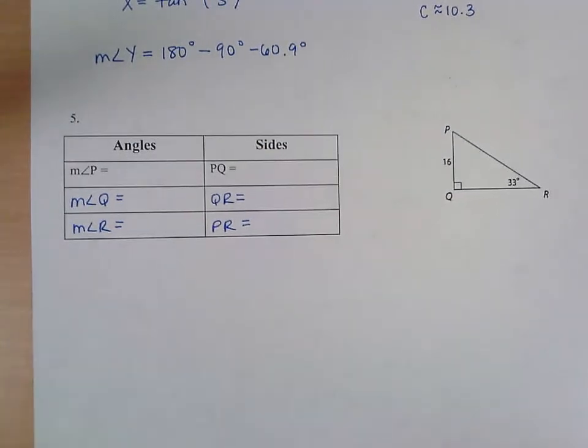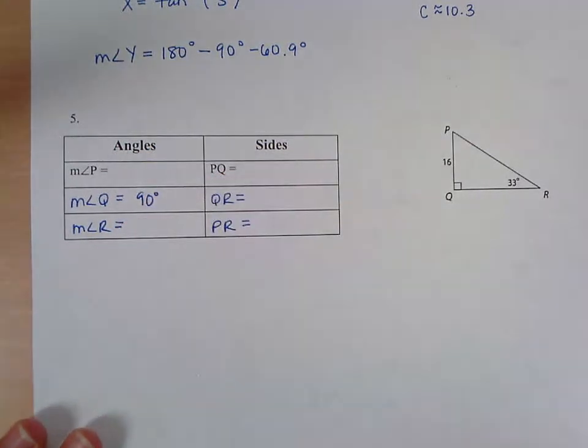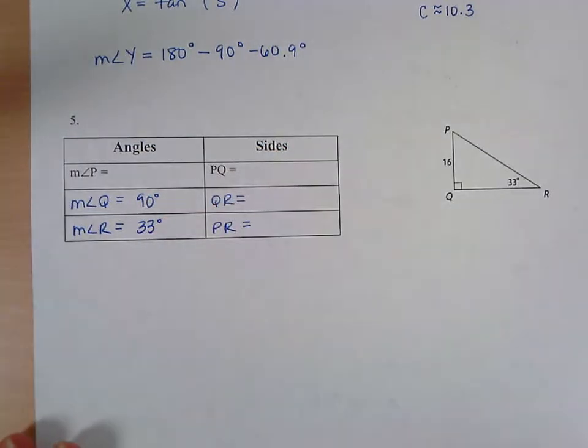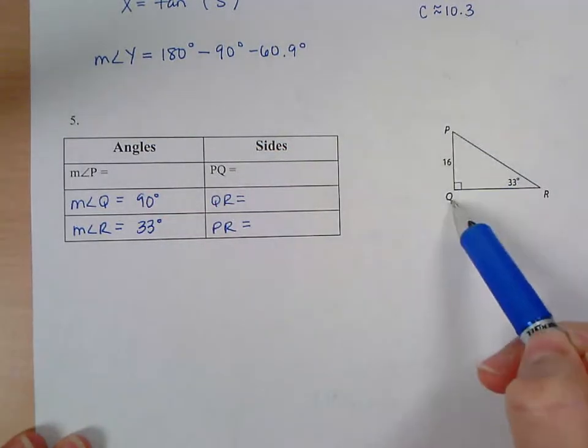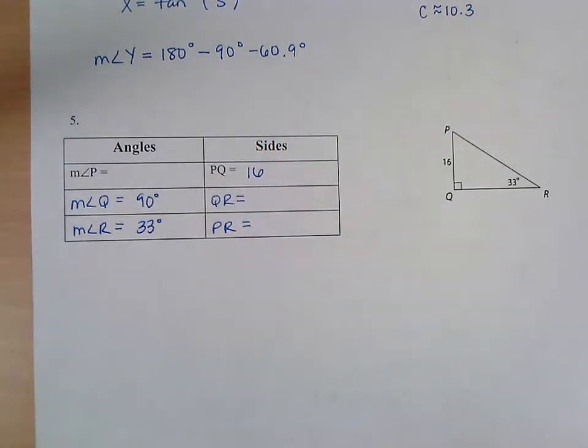And now I'm going to fill in what I know. So I know the measure of angle Q, that's my 90-degree angle. I also know the measure of angle R, that's given as 33 degrees. And then I know side PQ has a length of 16. What could we find first here? Angela?